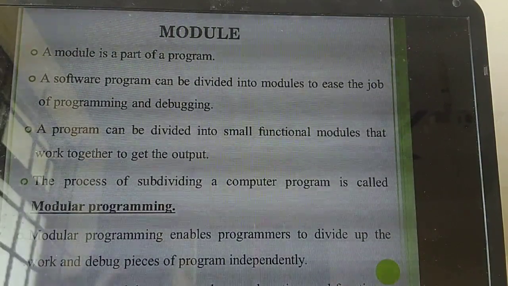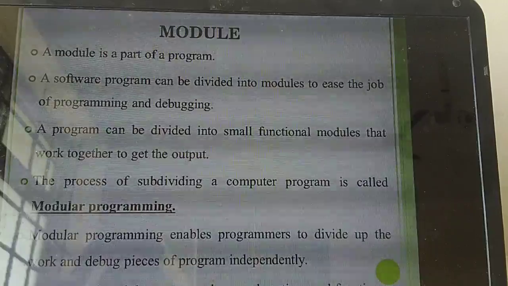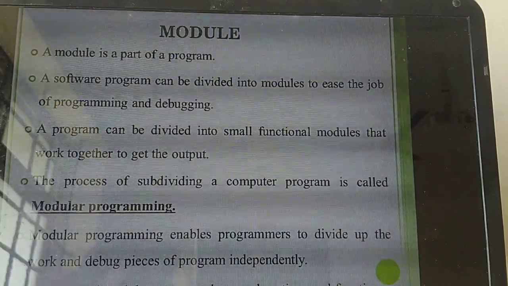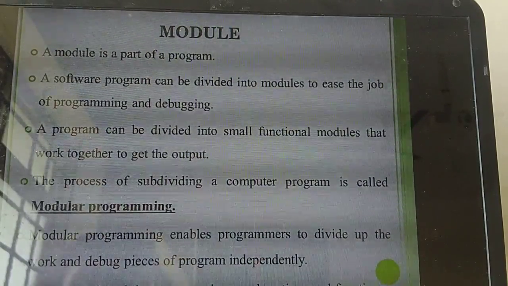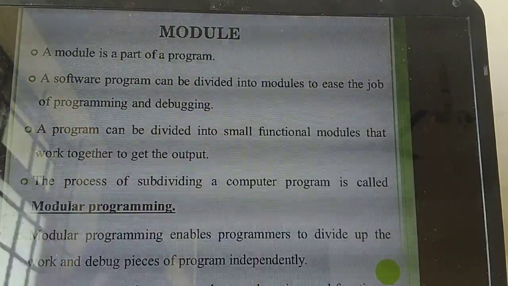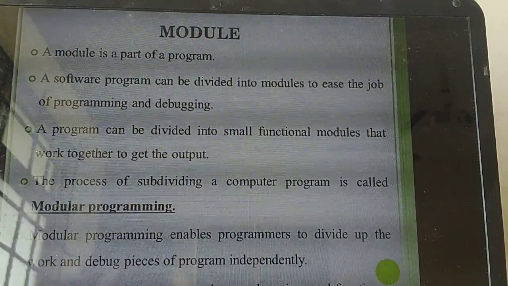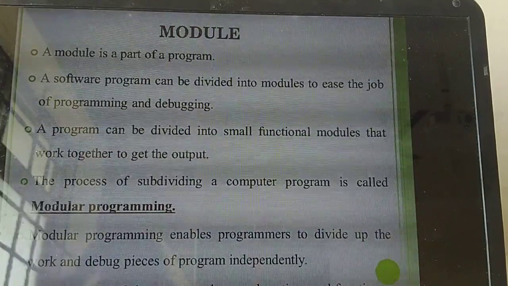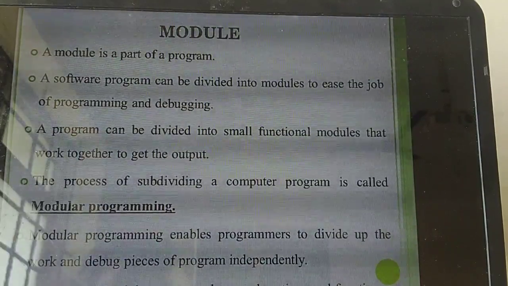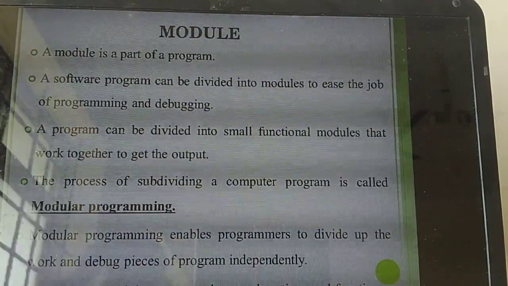For example, if a program contains 100 or 200 lines, among these 200 lines I take only 20 important lines. That is called a module. I am splitting a 100 line program into blocks of 10 lines. Then how many modules will you get? 10 modules. Understand now?